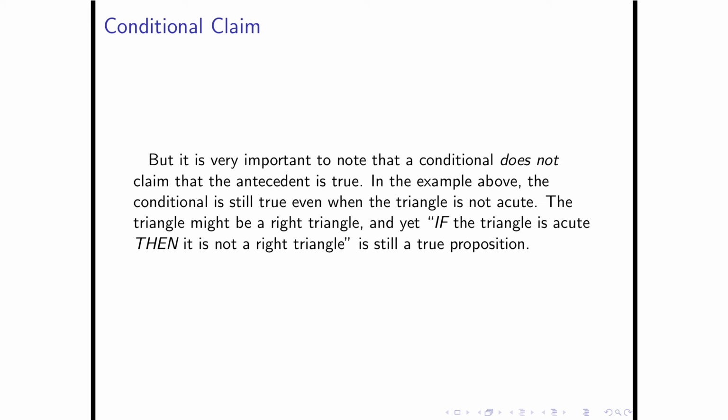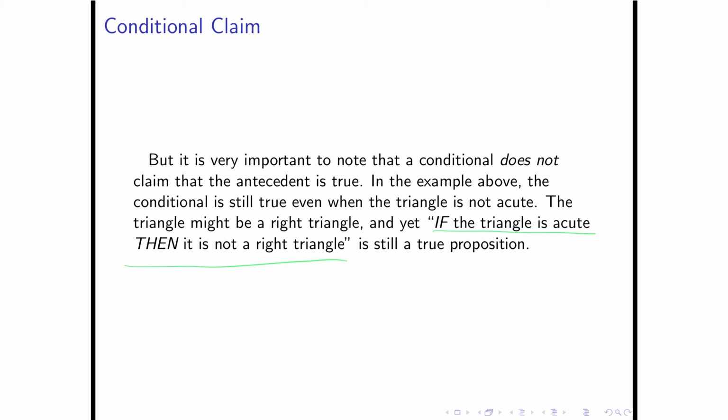So to illustrate some of what I'm saying here, consider the proposition, if the triangle is acute, then it is not a right triangle. That is a true proposition. If you say that about a triangle that happens to not be acute, it's still a true sentence.